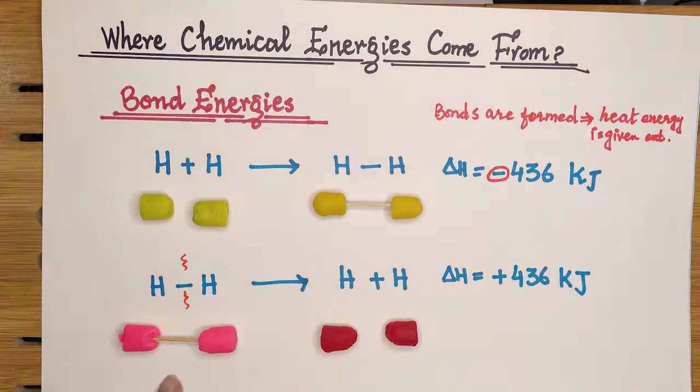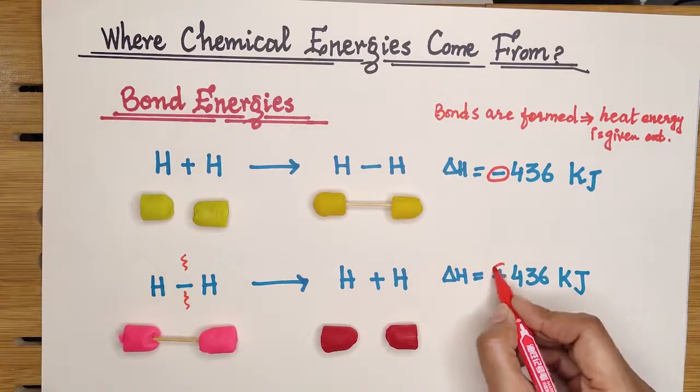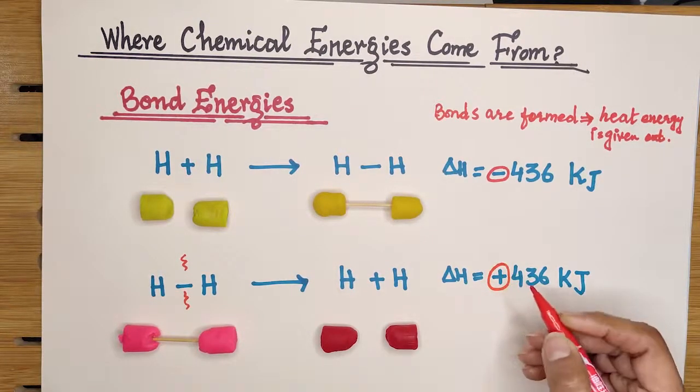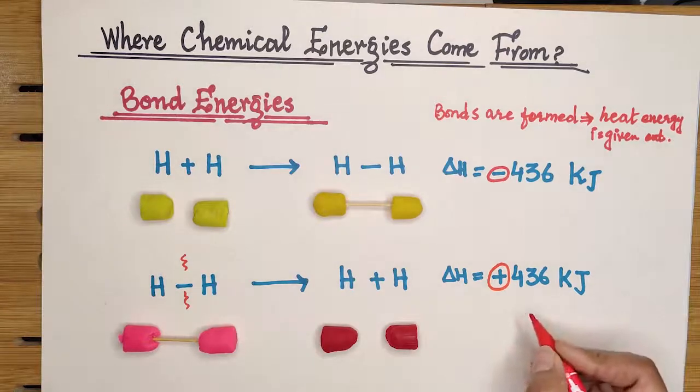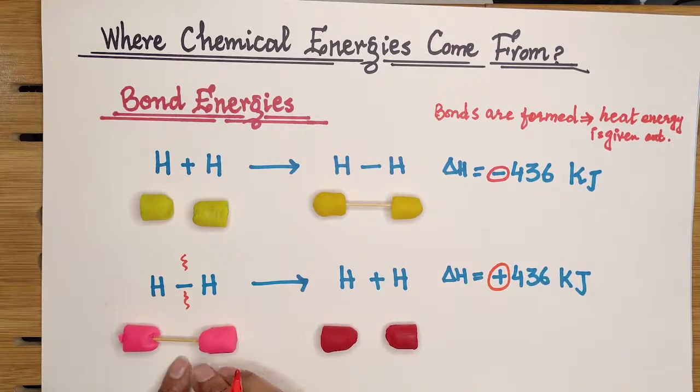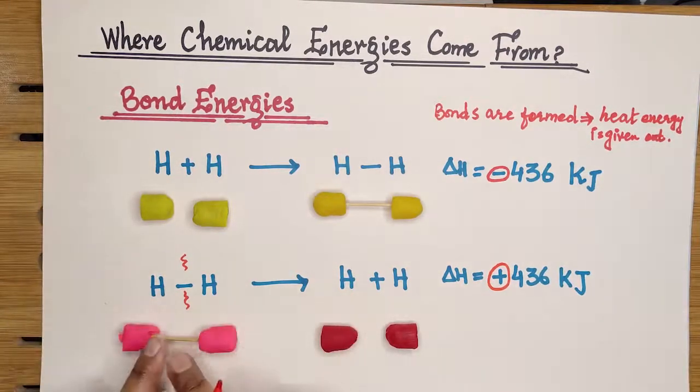So whenever we have to break a bond, we have to provide heat energy. The same amount of heat energy will be absorbed or taken in. So in order to break this bond and convert it into hydrogen atoms, we have to provide heat, and this hydrogen molecule will absorb heat.